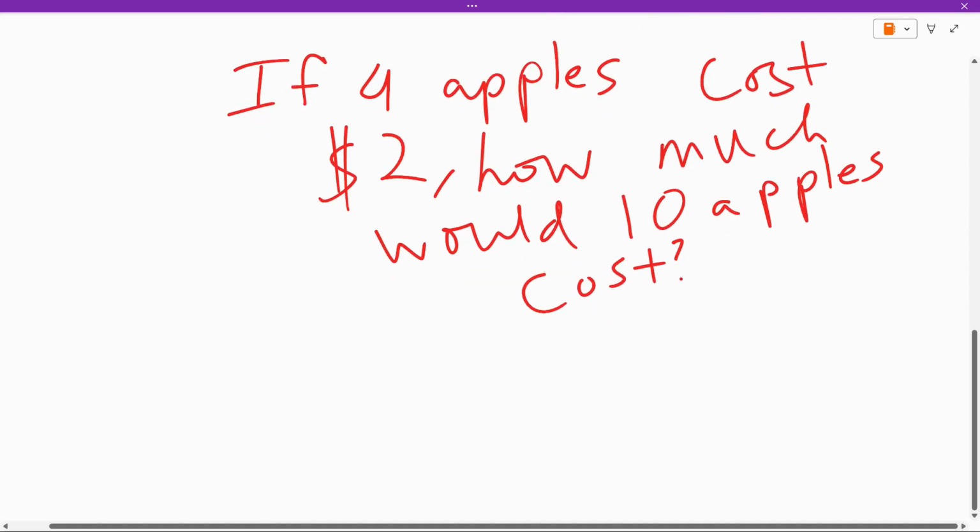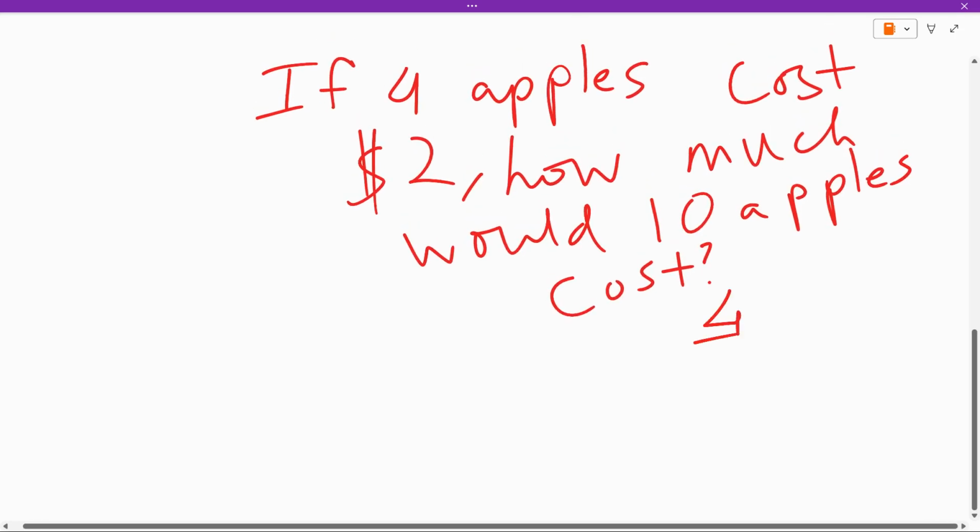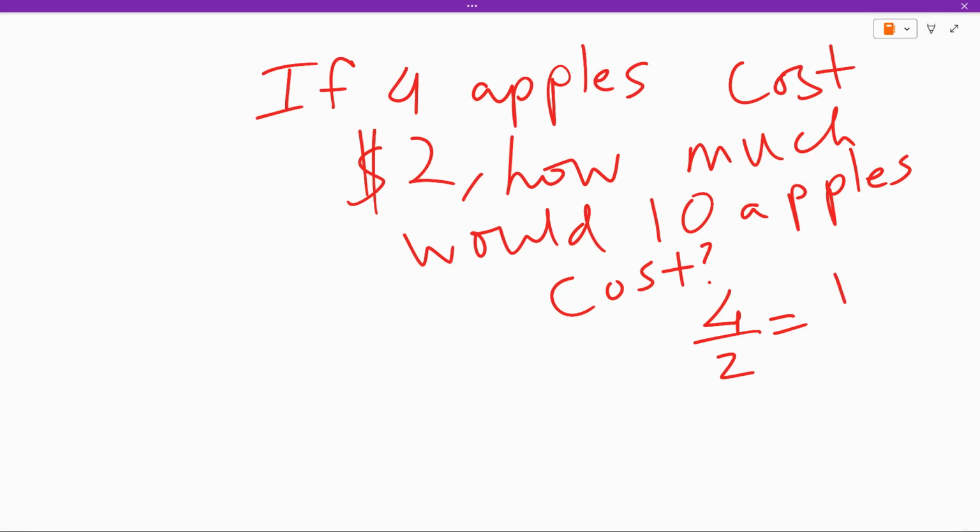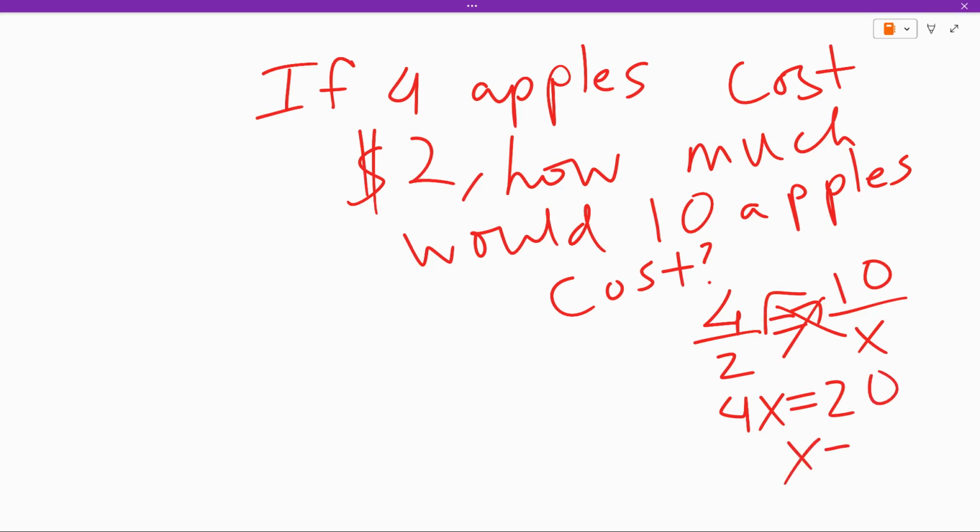For this question, we'll set up a proportion. 4 apples cost $2, and we need to find the cost for 10 apples. If we cross multiply, we get 4x equals 20, and if we solve for x, we get 5. So 10 apples would cost $5.